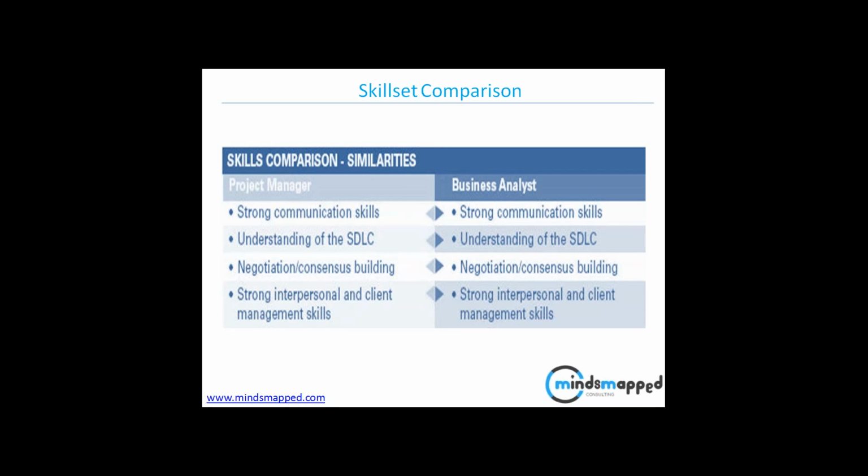Be it customers or developers or whoever. You have to talk to a lot of people, communicate to a lot of people. You have to have a good understanding of the software development lifecycle and very good, strong interpersonal skills and relationship building skills, right? And client management, yes.